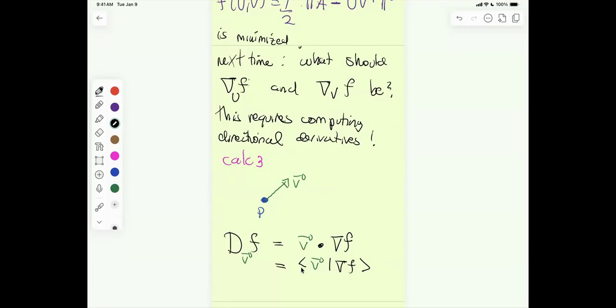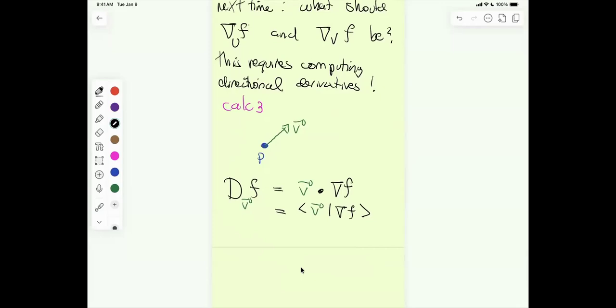And the cool thing is that you'll see next time that this is super easy to compute because there's a limit definition for the directional derivative. I'll mention it next time, but it's like a partial derivative, but in the direction of the vector v. So it's like the regular limit definition of a derivative.